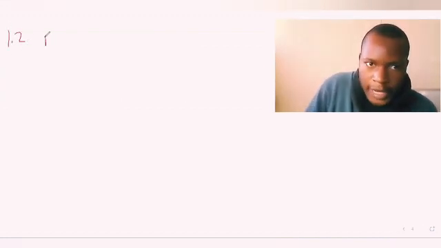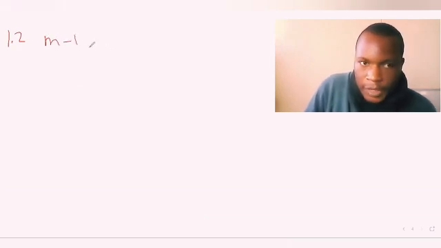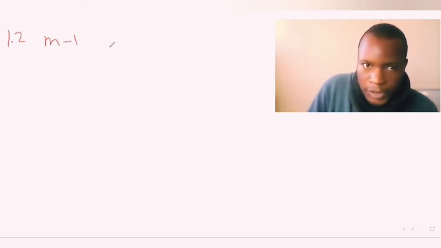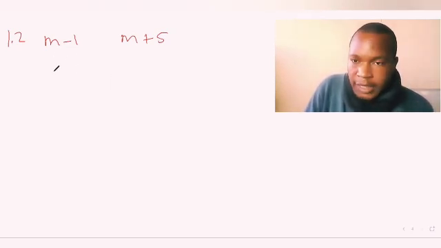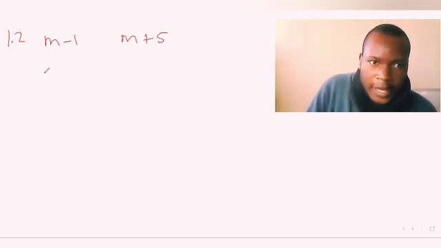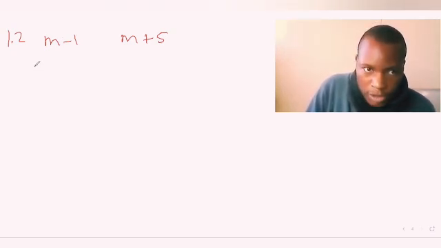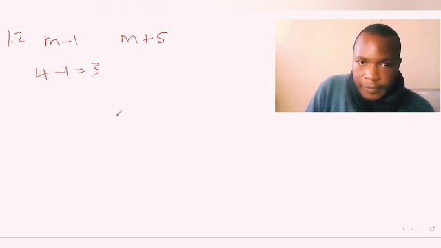So now we know that m minus 1 is one of the roots, as well as m plus 5. Since we've already determined the value of m, the one root would be 4 minus 1, which equals 3.